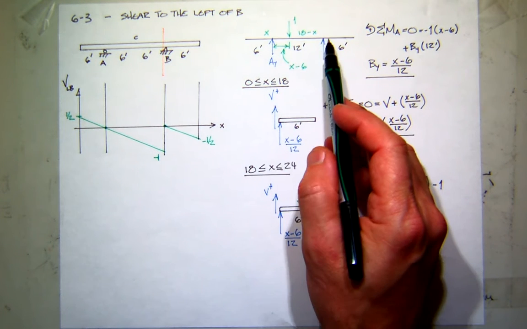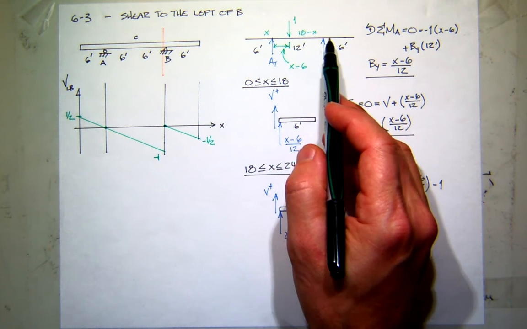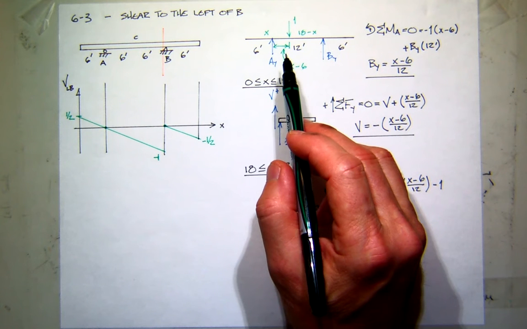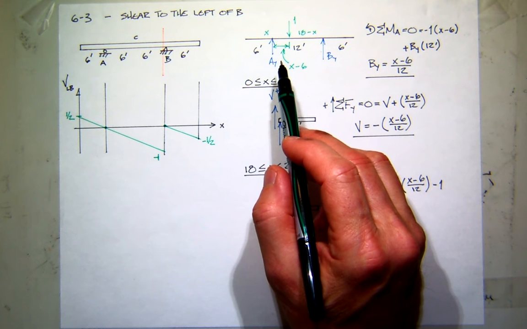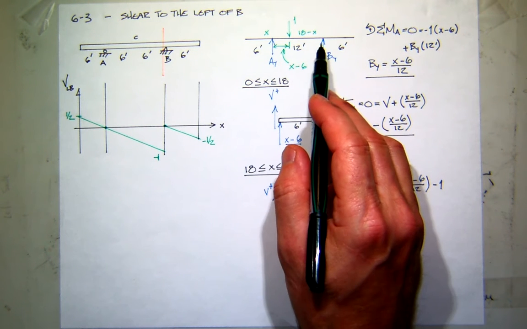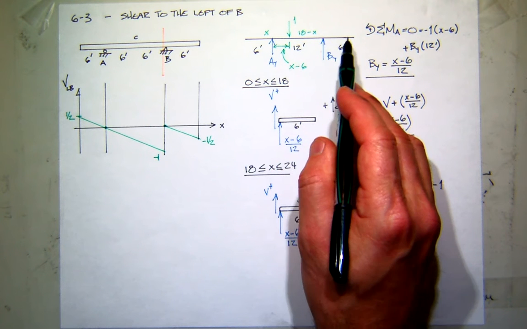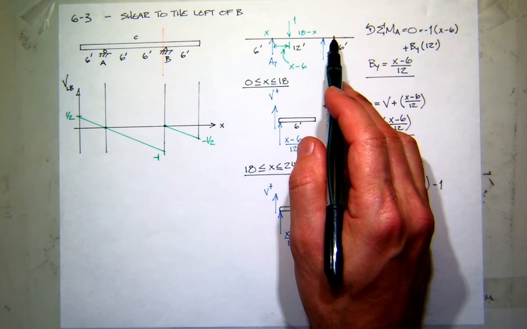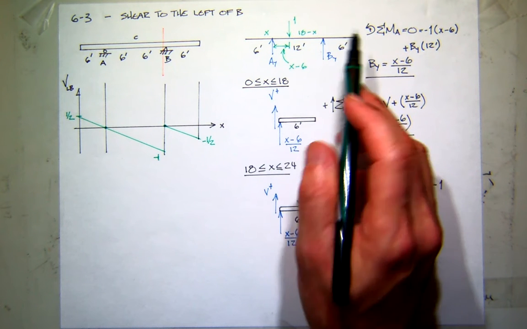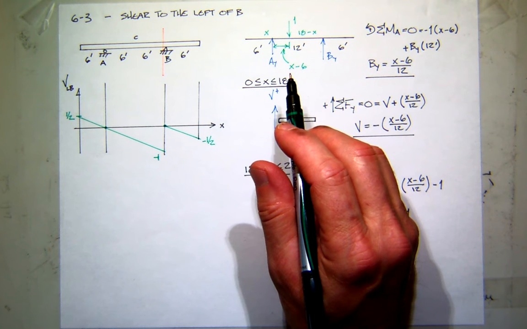Well, then I would sum moments about B, and I would use a moment arm for my 1 of 18 minus X. Because when X gets greater than 18, this becomes a negative value, and that changes the moment to negative. But right now it's a positive moment. So it automatically changed the direction of the moment for you.